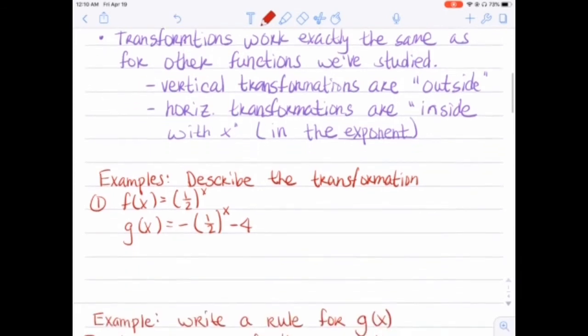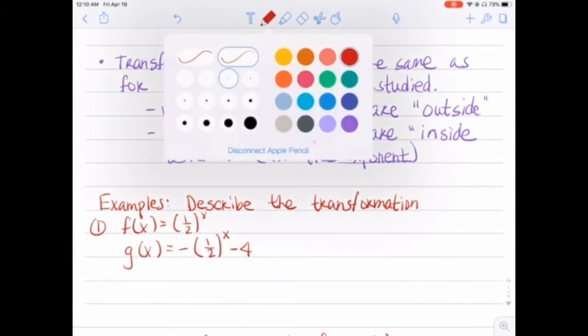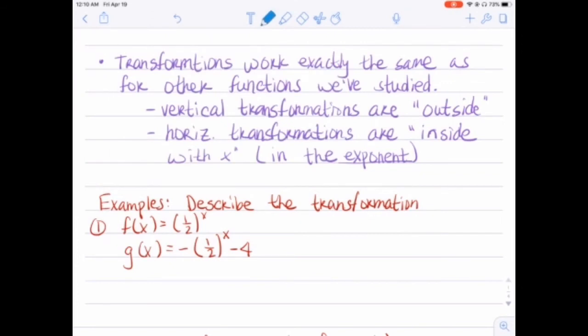So the first thing we want to do is to identify our transformations. So the very first thing that is different between f of x and g of x is this negative sign. And remember that a negative sign, when it's outside, is a reflection over the x-axis.